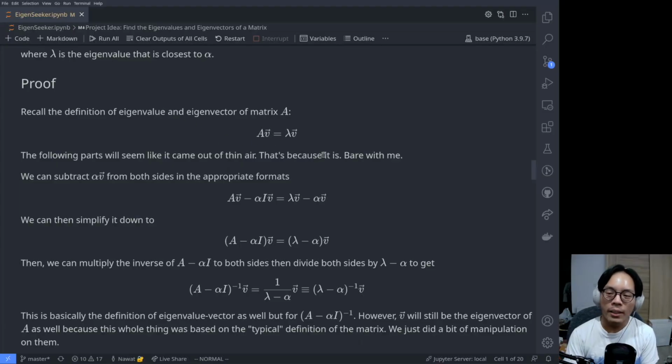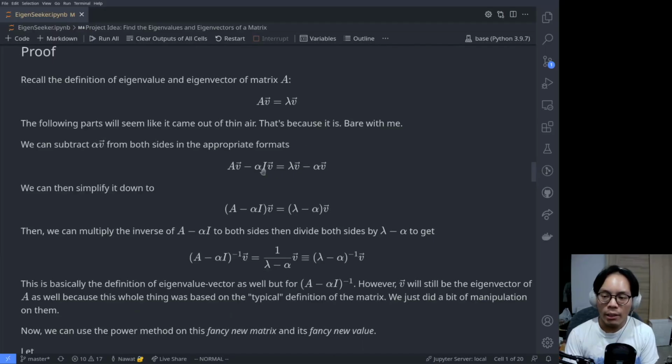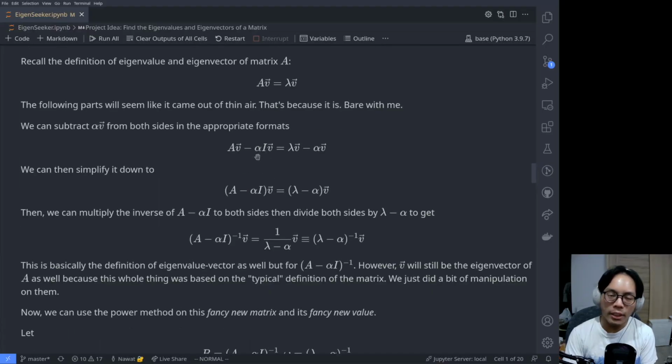Okay, so here's the proof for the shifted inverse power method. We can start with the definition of the eigenpair, and then subtract alpha times the identity matrix times vector v from both sides. The identity matrix is omitted from the right-hand side because it doesn't really do anything.